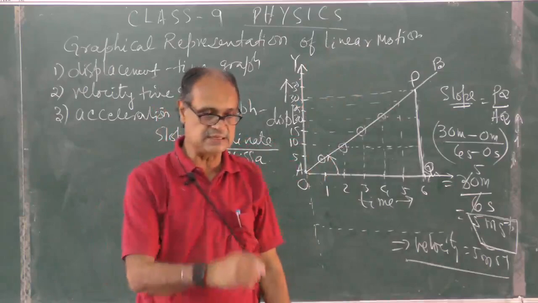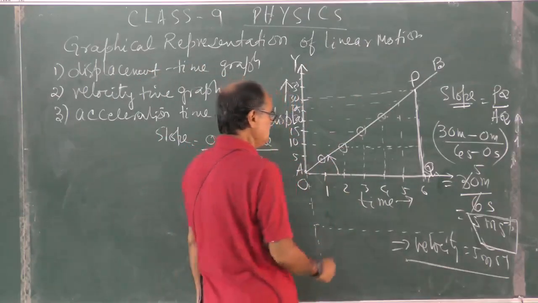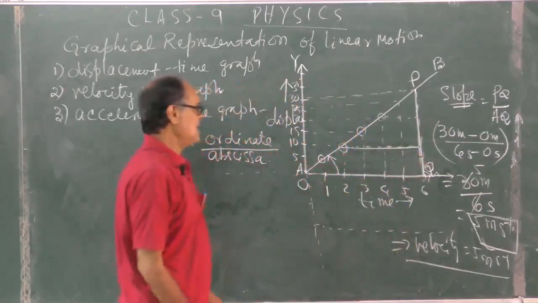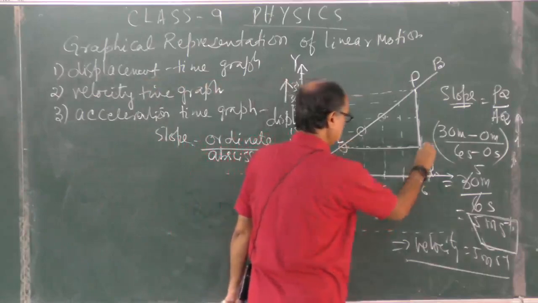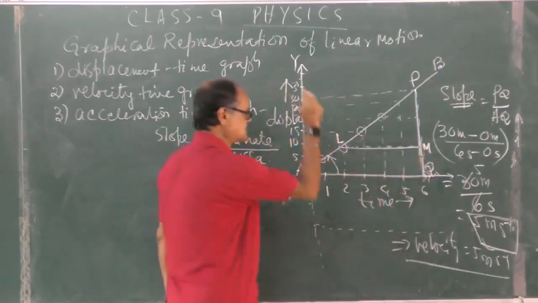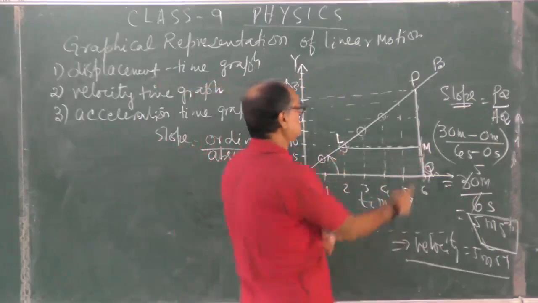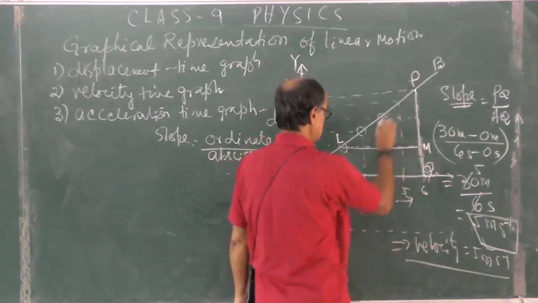Then how do we say it is uniform? You cut off any section. Say I take another point, with LM as the length of abscissa, that means 2 second time, and the last is 6 seconds time. In between that, what is the slope?